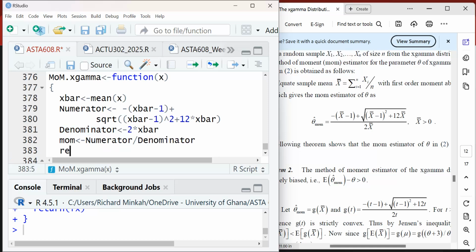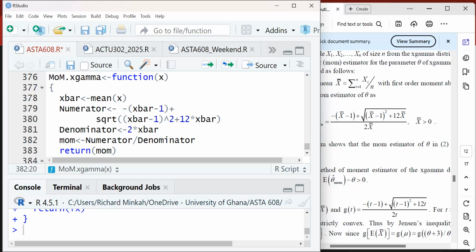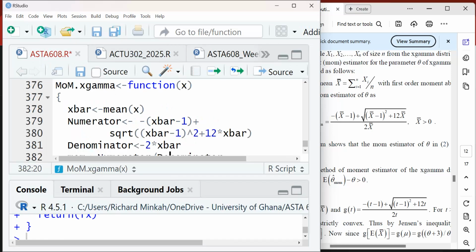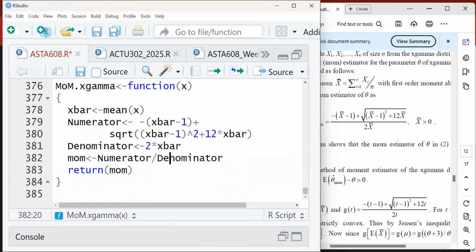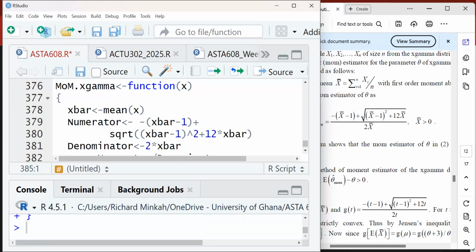And then I return mom. So that's it. We can run this and see whether it works.